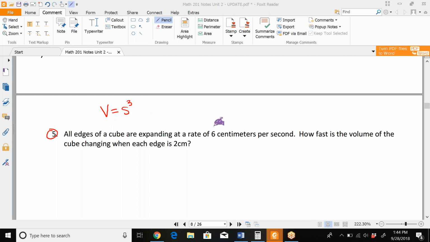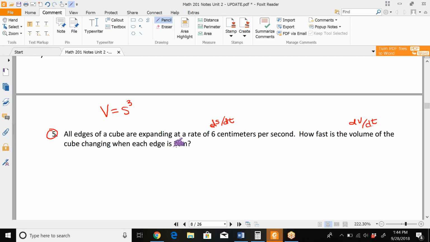So I know that the sides are changing at a rate of 6 centimeters per second. So that means that this 6 is my ds dt, change in side length over time. I'm looking for dV dt, because I want to know how fast is the volume changing over time.